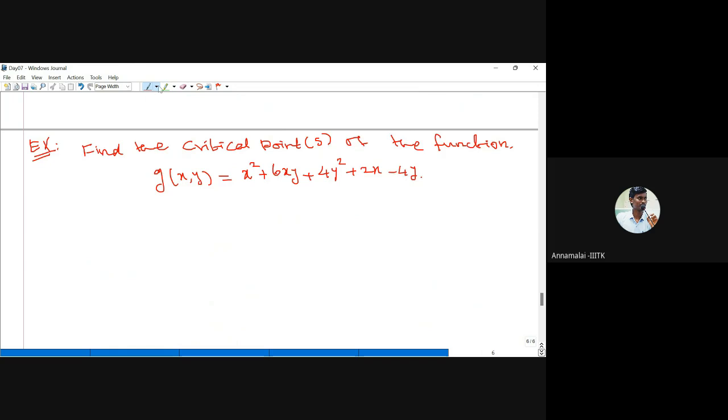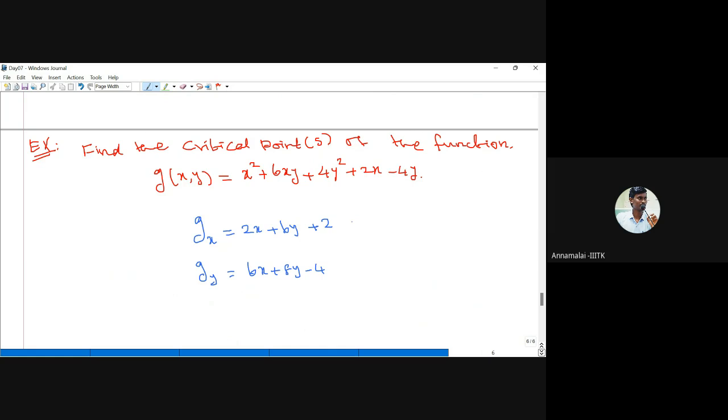Now you have to find gx and gy. The partial derivative of g with respect to x, gx, is 2x + 6y, because y is constant, plus 2. And gy is 6x + 8y − 4.